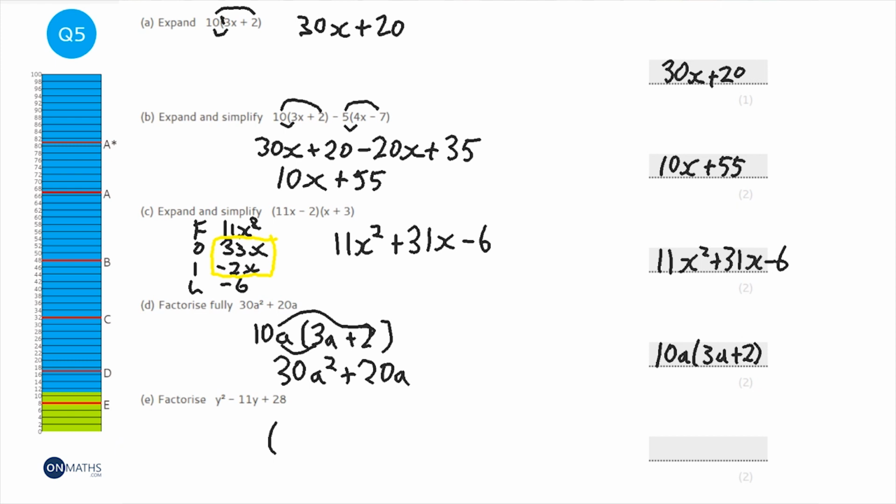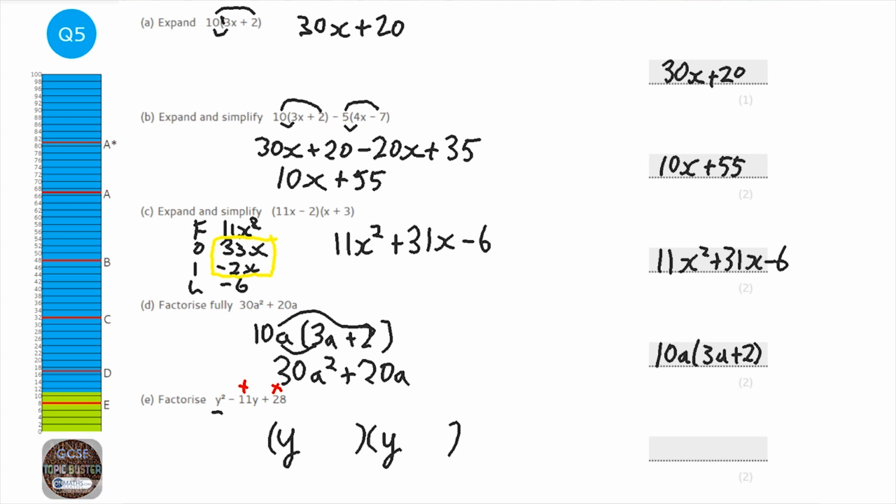So we're going to put 2 brackets down. Now looking at this, there's no coefficient on the y squared, there's no number before it. So it's just going to be y and y. Now to do these ones, you've got to find 2 numbers that add together to make the minus 11 there, and times together to make the 28 there.